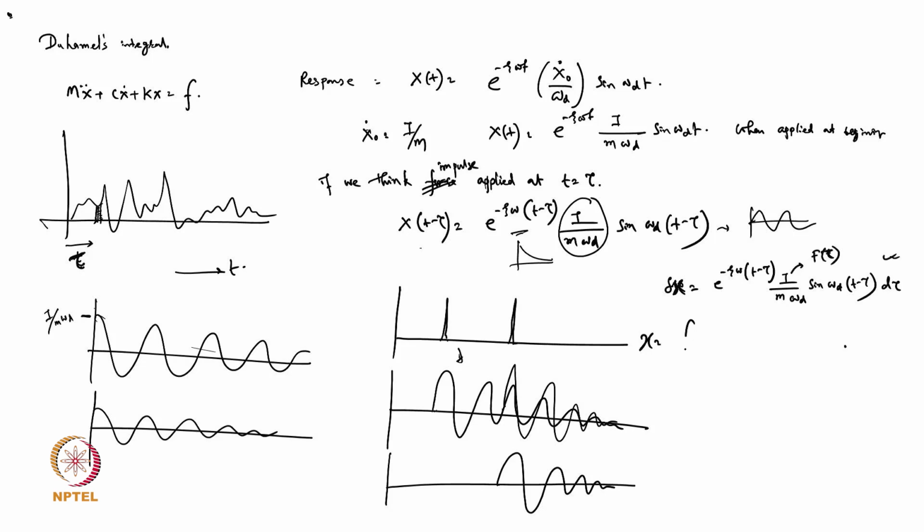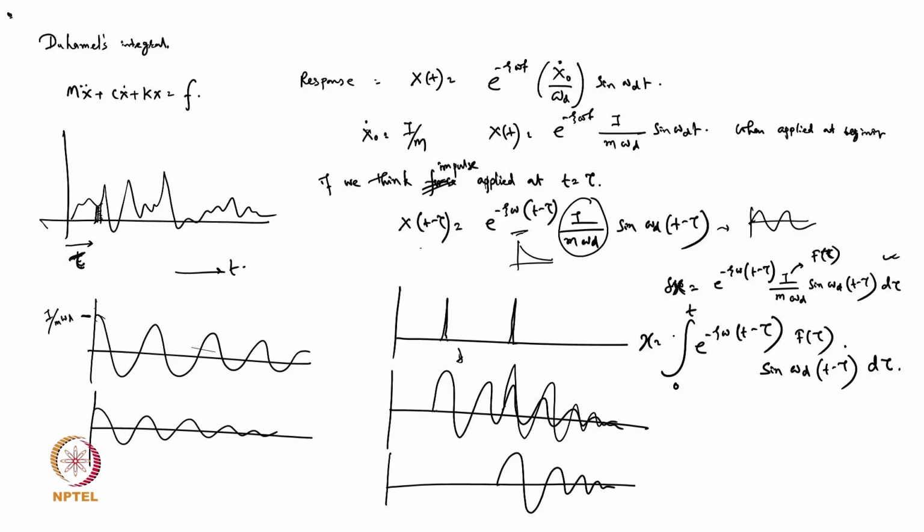So x will be the integral from 0 to t of e to the power of minus ξω(t minus τ) into f of τ, simple, because at that point whatever is the force, f of τ, into sin ω_d(t minus τ) dτ.